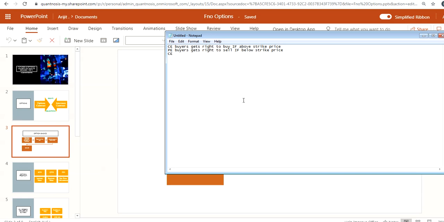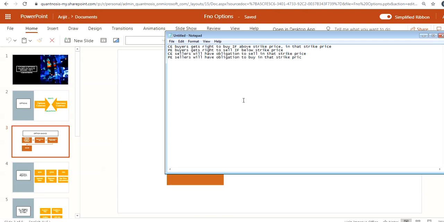Equivalently, C sellers will have the obligation to sell at that strike price if above it. Similarly, a P seller or put seller will have the obligation to buy at that strike price.